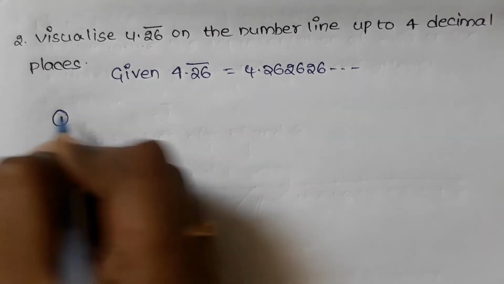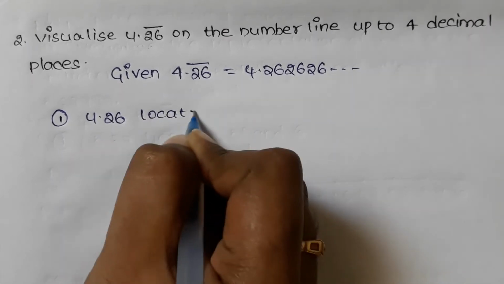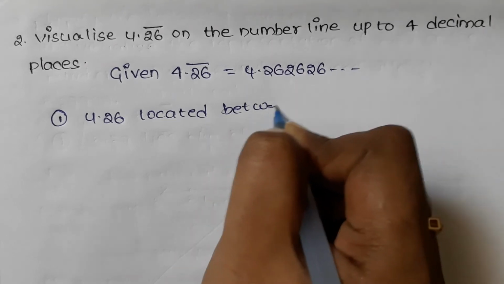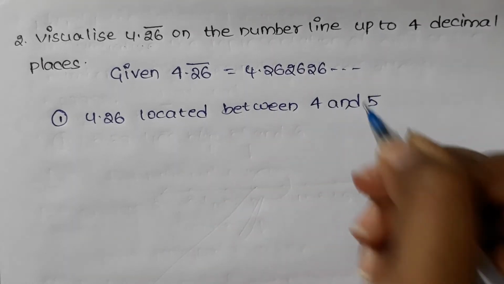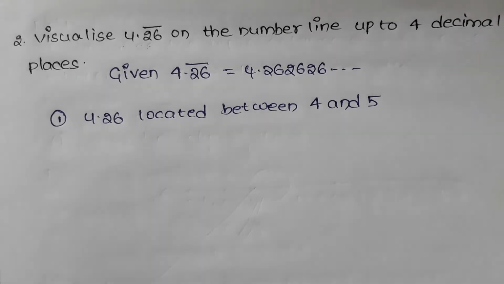Step 1 is 4.26 located between 4 and 5, and now let us draw the number line for 4 and 5.